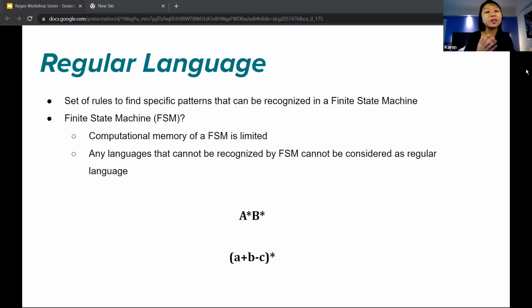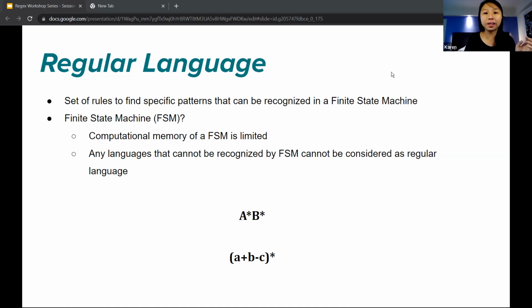The computation memory was very limited and restricted. But why did it start? Because they wanted to recognize and regulate some patterns, and the pattern was actually not for text. It's not for apple or cookies that we see. It's actually for neural networks, like machine learning. But we will go through that. That's what regular language is.